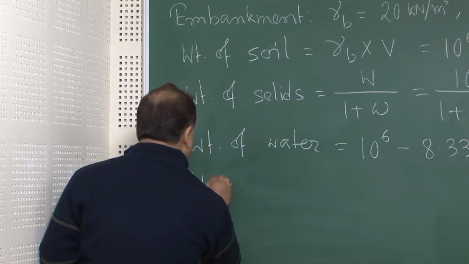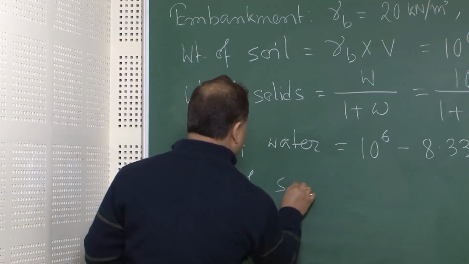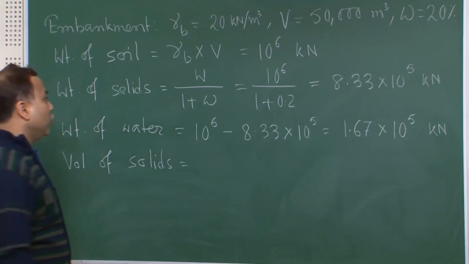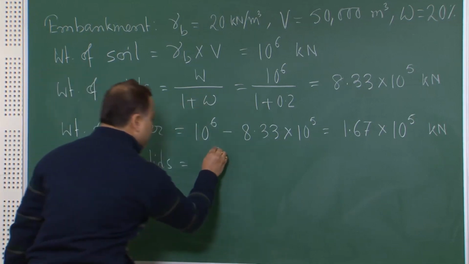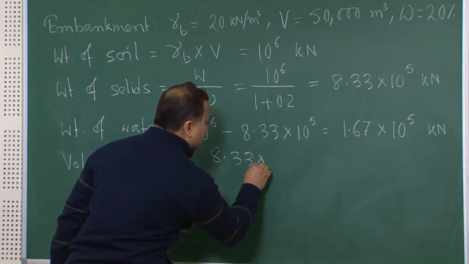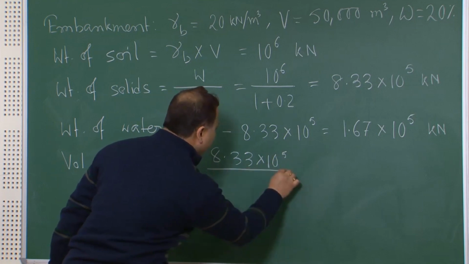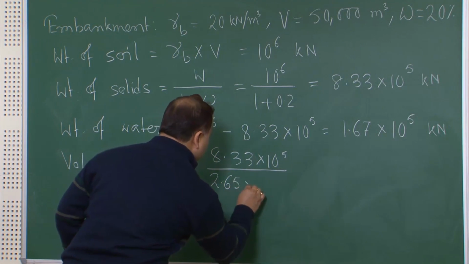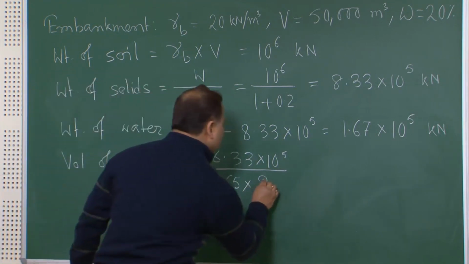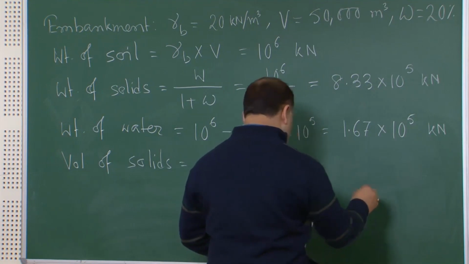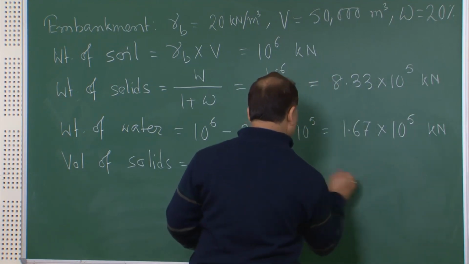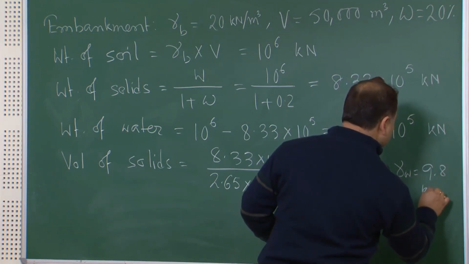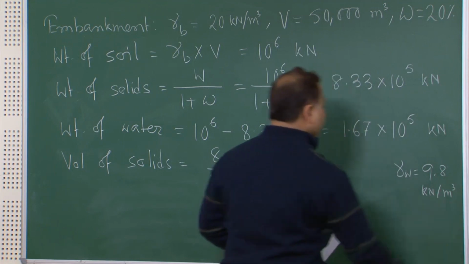Now, coming to the volume of solids. How can I get the volume of solids? I know the weight of solids divided by specific gravity into gamma W. So, I am considering gamma W as 9.8 kilonewton per meter cube.